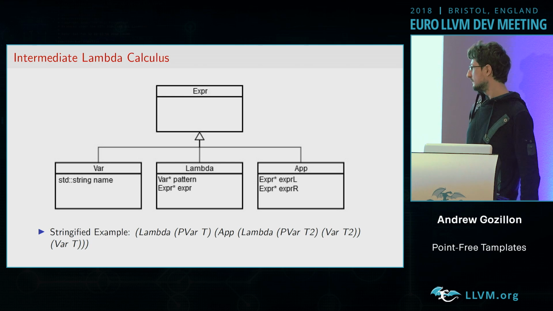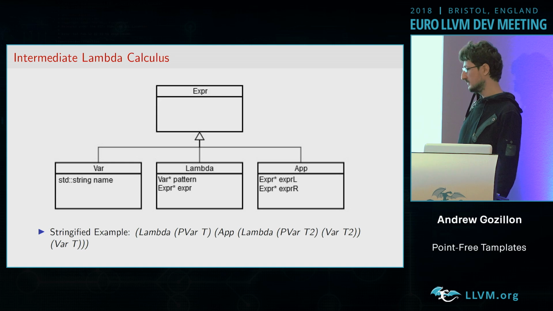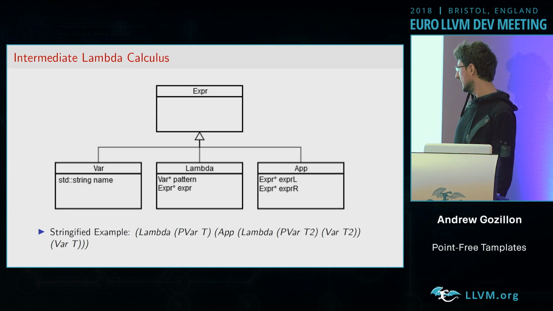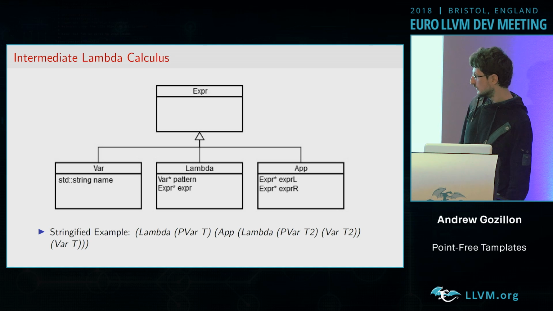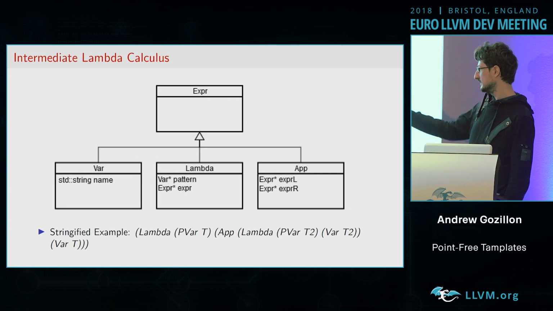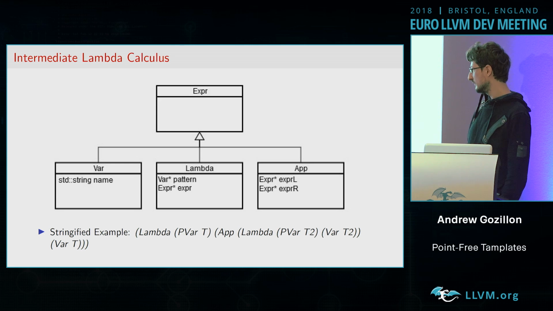So here's our intermediate Lambda calculus as basically classes. It's pretty simple. We've got an expression at the very top, so we can pass anything to any expression in this. Variables have a standard string name, so that's just a type name basically, t, int, whatever you want. And Lambda variable takes a variable, a standard string name in this case, and an expression which can be a variable, Lambda, or an application, so you can nest them.